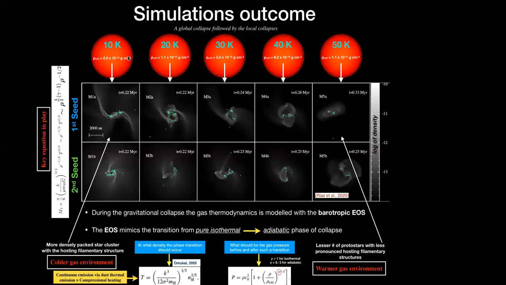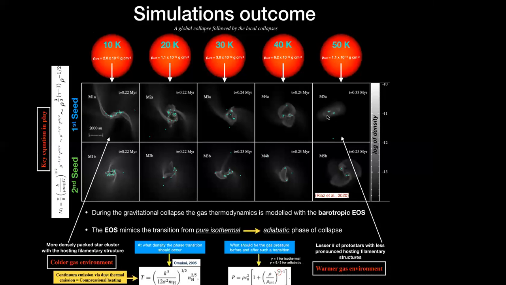So 10 Kelvin ends up with a filamentary structure, with these green dots representing the protostars that form inside this structure. And this is the warmest of the cores. Again, we find that there are protostars existing.